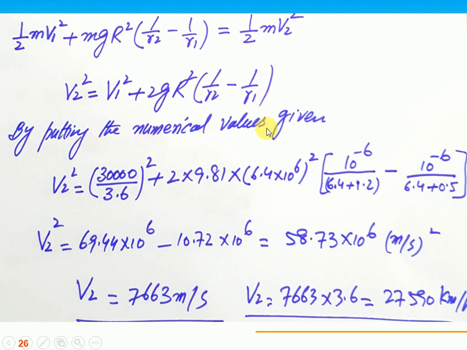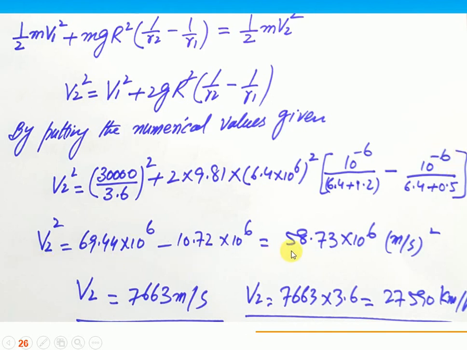By putting in the numerical values, 30,000 divided by 3.6 converts to meters per second, plus 2 times the acceleration of gravity times the radius of the Earth squared. Here r is the radius of the Earth, 6.4 times 10 to the power 6, plus 1200 kilometers, that is 1.2, and plus 500 kilometers, that is 0.5, all multiplied by 10 to the power 6.